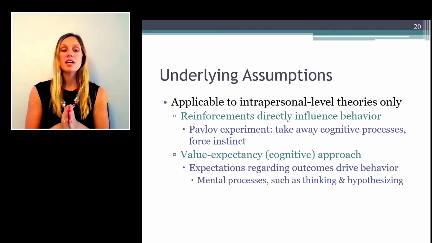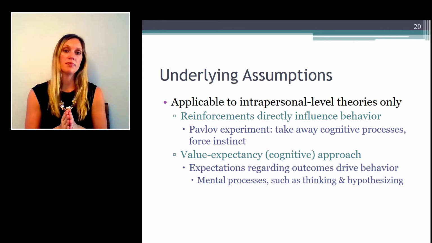The first is that individuals act based on instinct. So we can be trained basically to react to a stimulus and engage in a behavior without thinking about it. If we hear a dinner bell, we can immediately go and eat dinner. So it takes out the thought process of a behavior.